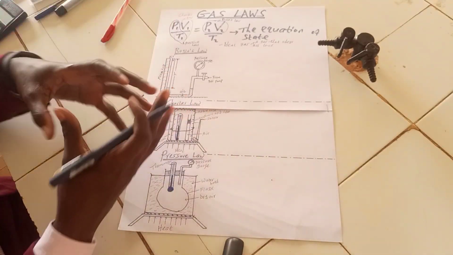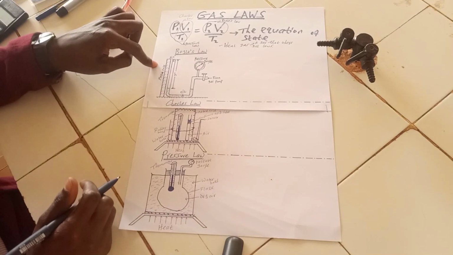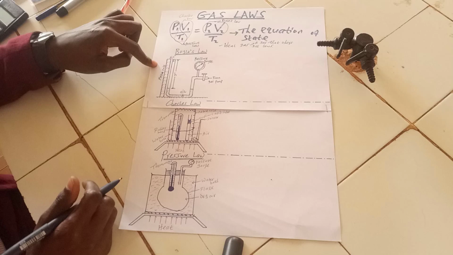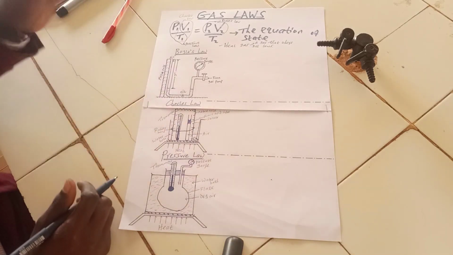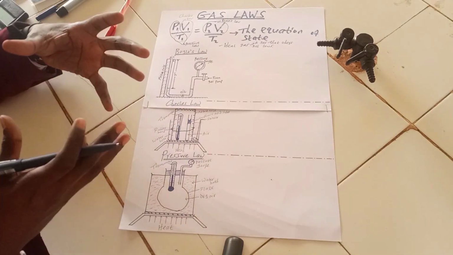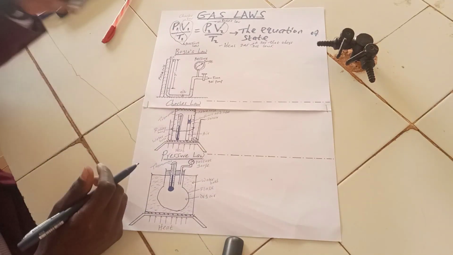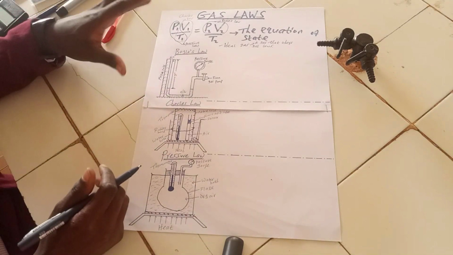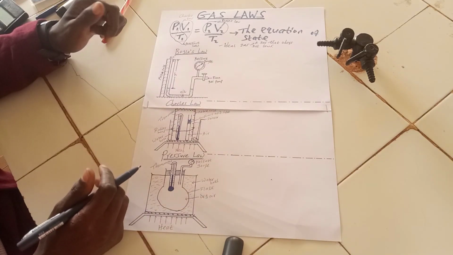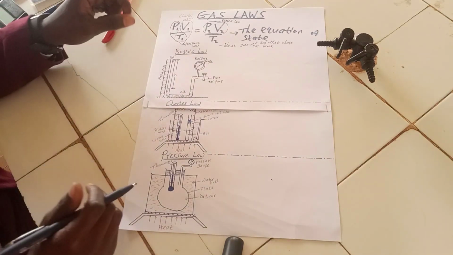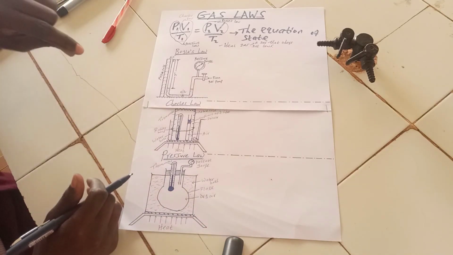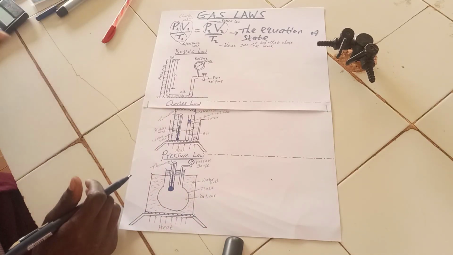If you compress a balloon full of air, the balloon normally bursts, and that means the pressure has increased. Or a vehicle tire, the tube full of air. If you compress that tire for some time, you realize that that tire will burst. Essentially, it means when you're compressing a balloon full of air, the pressure increases, and that's why it bursts.